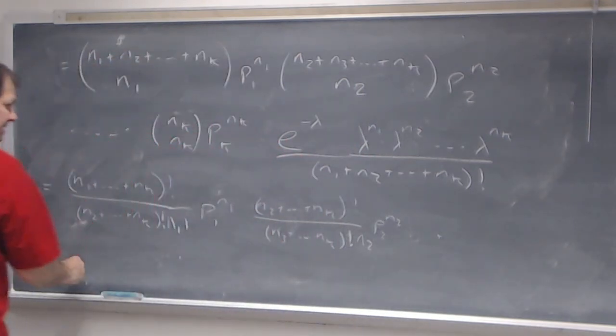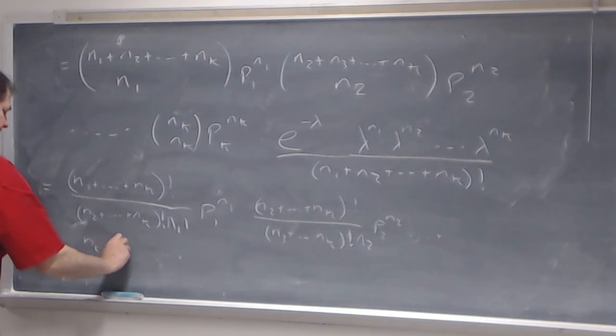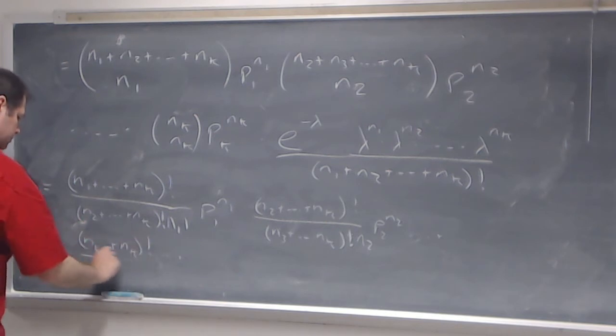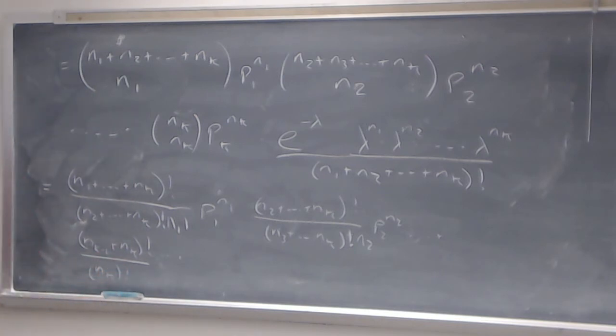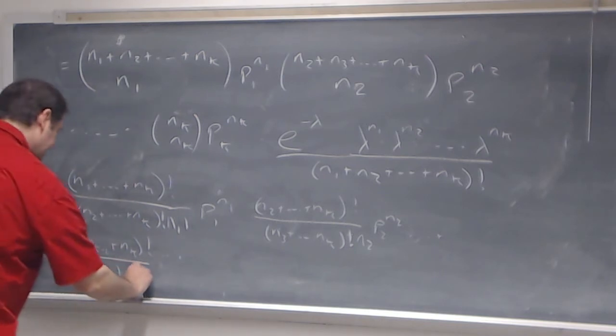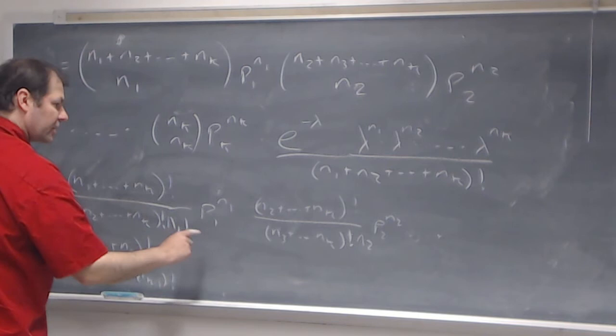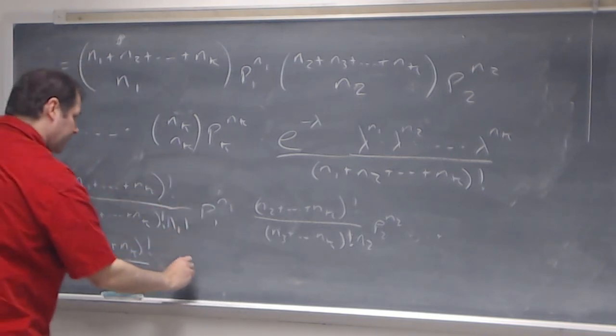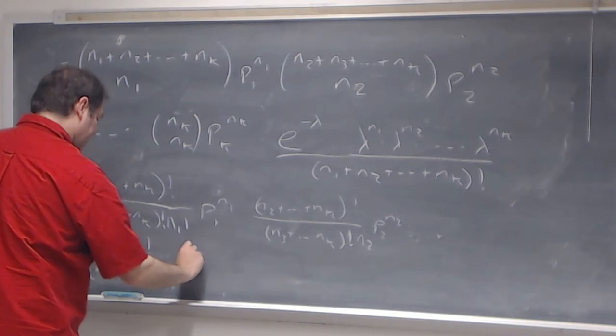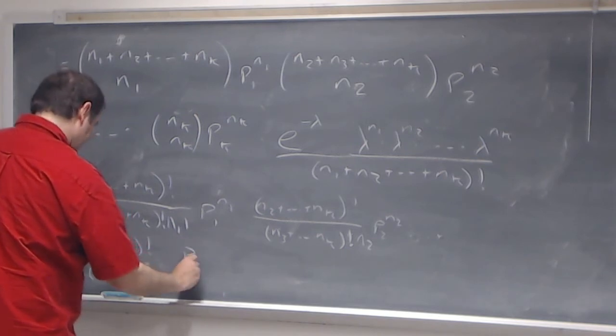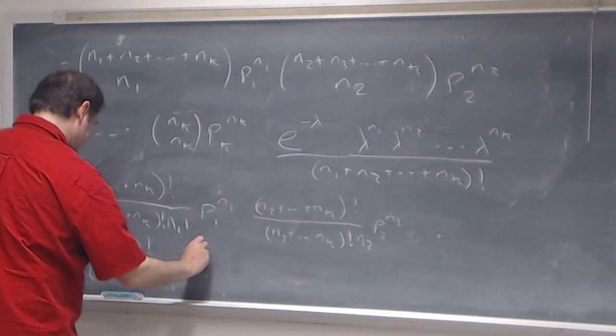And the one right before this would be n sub k minus 1 plus n sub k factorial, all over n sub k factorial, that's what we have left, and then n sub k minus 1 factorial, and times, sorry, I made a mistake here, it should have p sub k minus 1 raised to the n sub k minus 1.